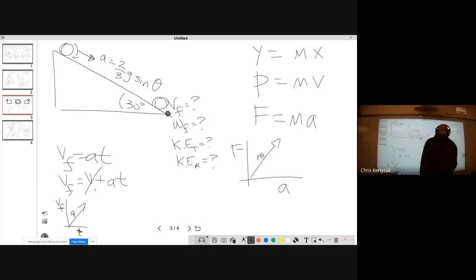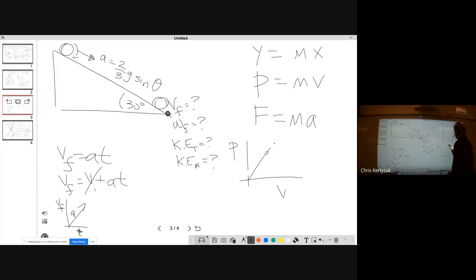If they decided to put momentum on this axis, and v here, what would it look like? It'd be linear, because momentum is proportional to v, just like force net. This would really be net force proportional to a. What would the slope be? It would be the mass.